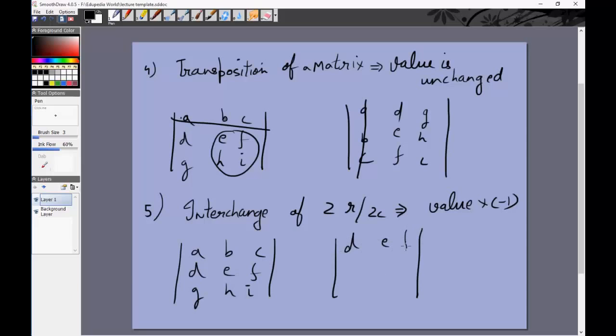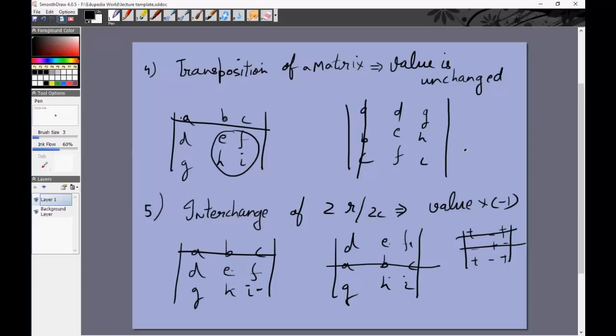So D, E, F, A, B, C, G, H, I. Now here you expand about the first row, here you expand about the second row. So A times E, F, H, I. Here also you'll have A times E, F, H, I. Right, so all the three terms will be the same, except that the signs will be different, because the signs are plus, minus, plus, minus, plus, minus, plus, minus, plus. So in the first case you're expanding out the first row, and here you're expanding out the second row, which have opposite signs. So the value of the determinant will be multiplied by minus 1.